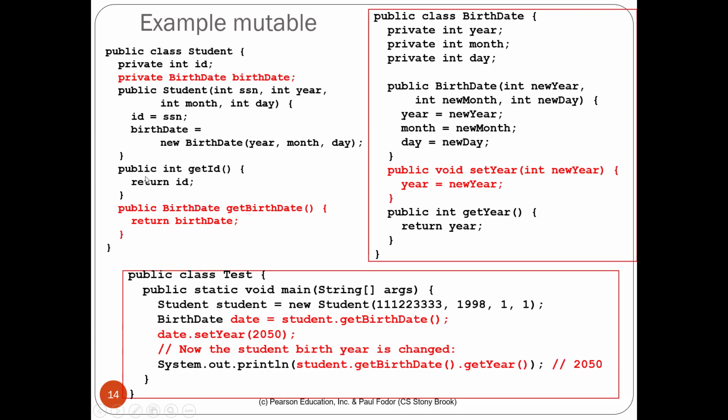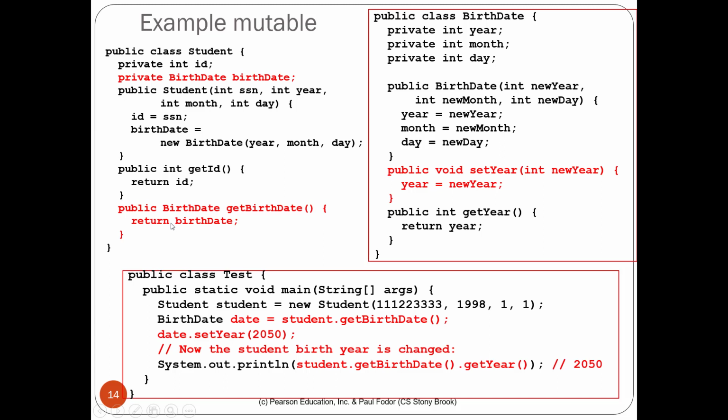You have a couple of getters, for ID and birth date. You're perfectly fine. The first two conditions which we had set forward for an immutable class are satisfied. ID is private, birth date is private. Great. You have a constructor, two getters.